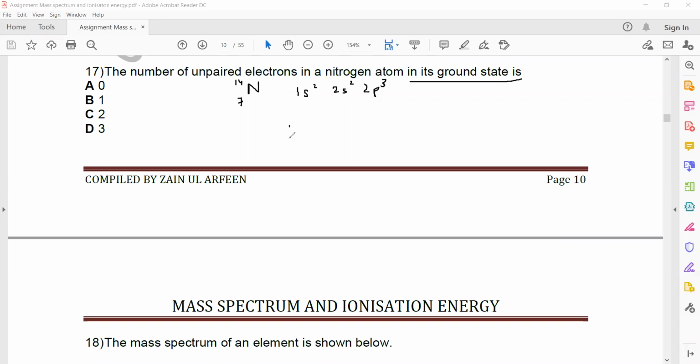When we make the electron in a box model, 1s will have 2 electrons, 2s will have 2, but 2p has 3, so singly they will occupy. So how many electrons did not pair up? That's 3. Is it clear?